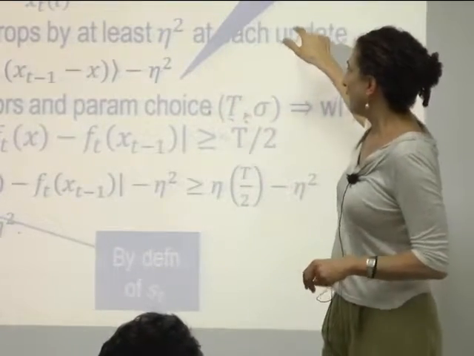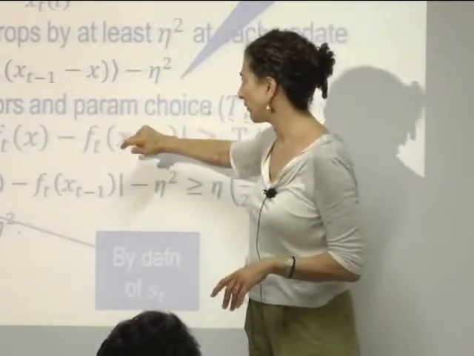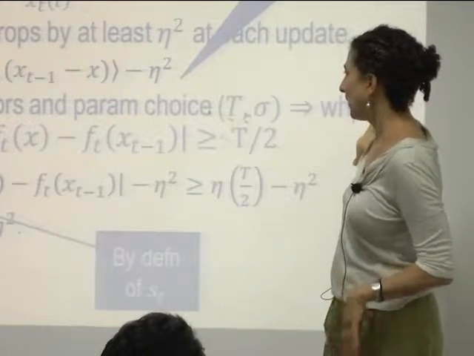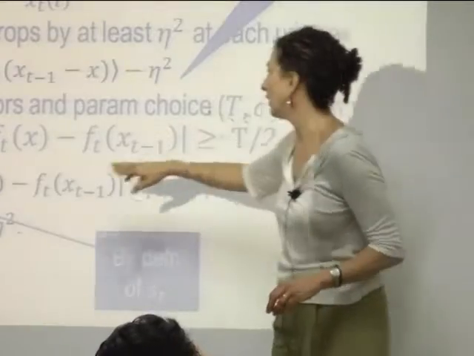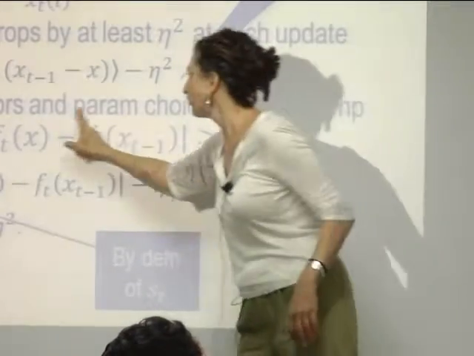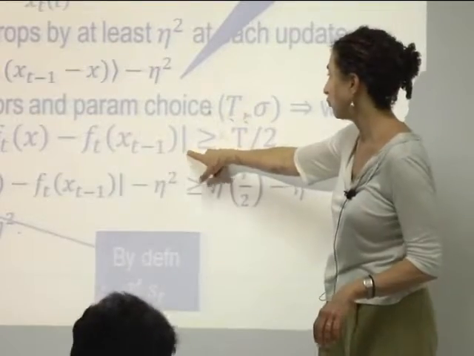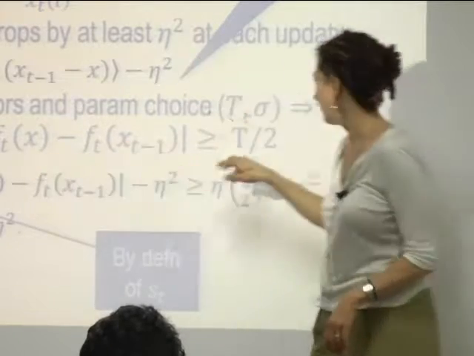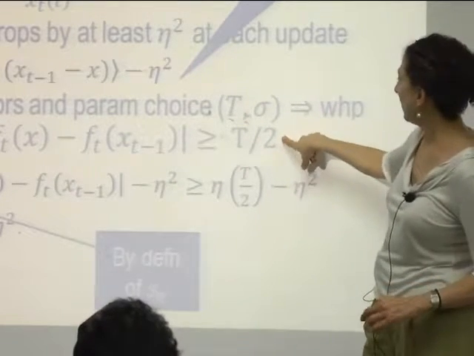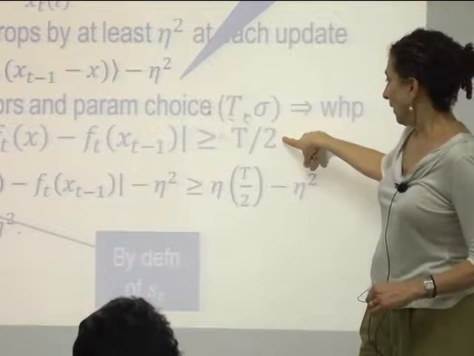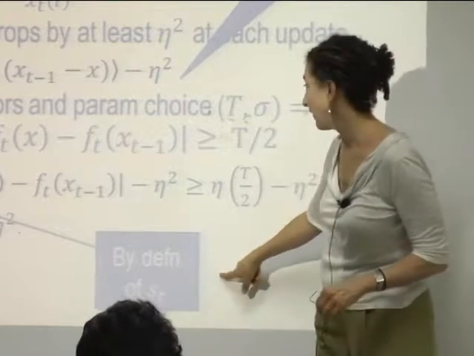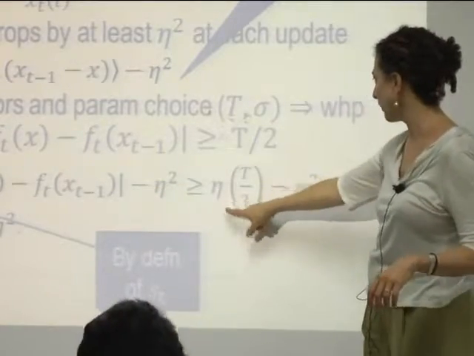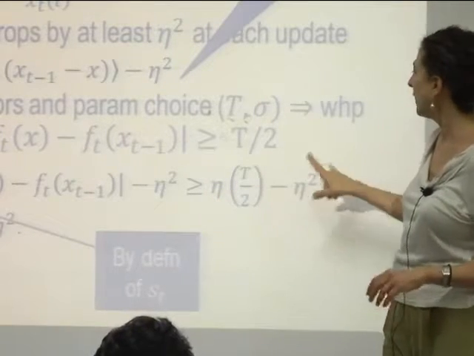Okay. So then, when you combine the alpha beta correctness of sparse vectors and the parameter choices for t and sigma, you end up being able to argue that with high probability, updates are only triggered when the true error between the publicly available estimate and the truth is at least t over 2. And okay, then you take the definition of st and you plug that in here, and you do more parameter choices, and you end up showing that this is going to be at least eta times t over 2 minus eta squared.